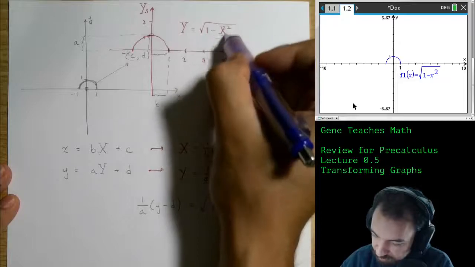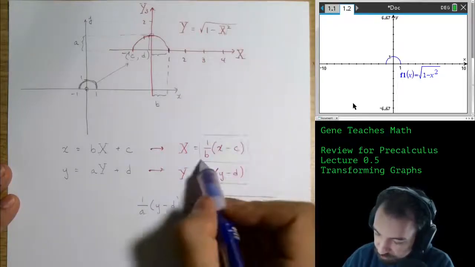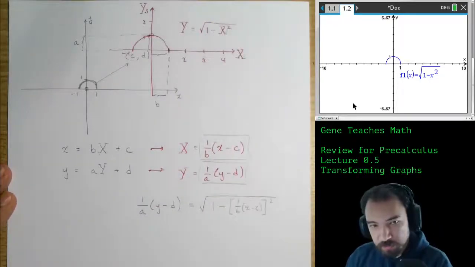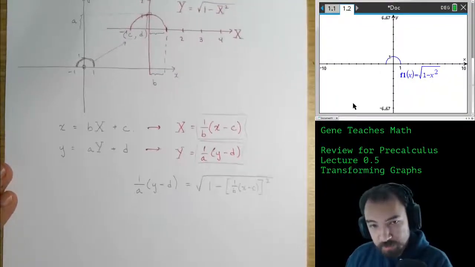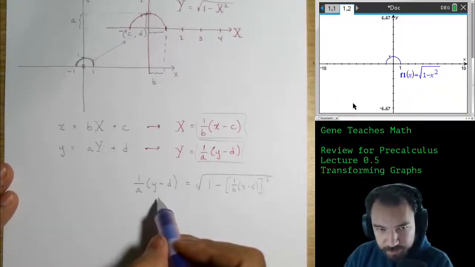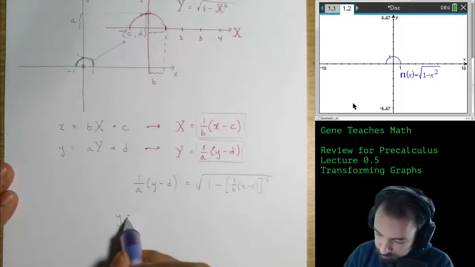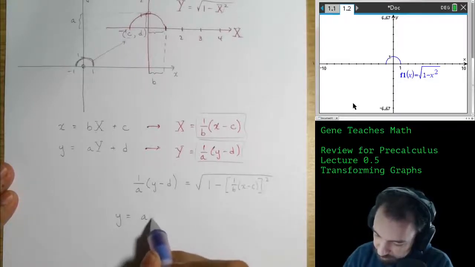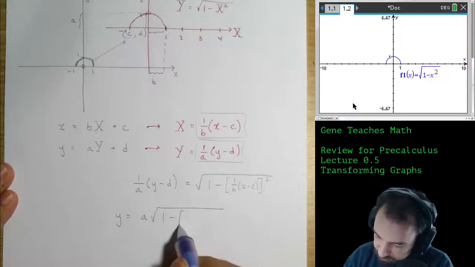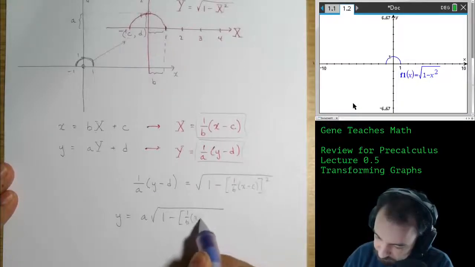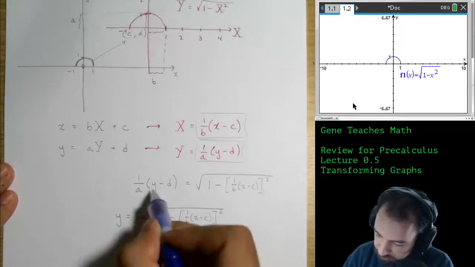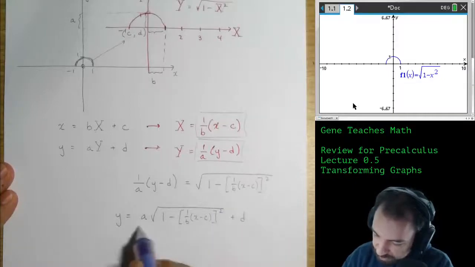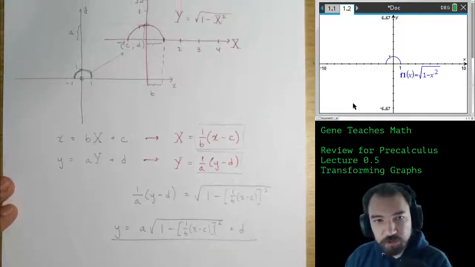Because I'm taking this and substituting for all of that. Now, it's perhaps customary to solve for y in this position. So maybe I'll say, well, let's multiply both sides by a first. So I'll have a times this business. And then finally, when I'm done, I'll add d to the other side. And this is what it will look like.